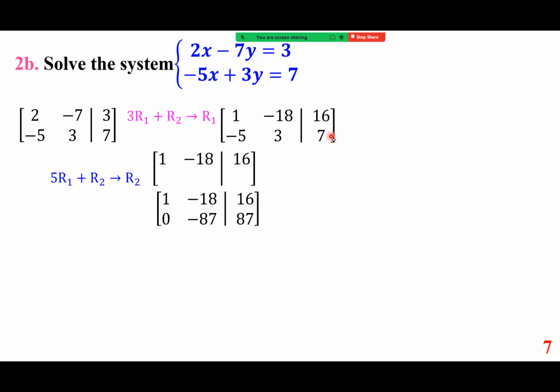And this is what I want to discuss as far as row echelon form and reduced row echelon form. As far as the row echelon form is concerned, I can write this as x minus 18y equals 16. This one is 0x minus 87y equals 87.